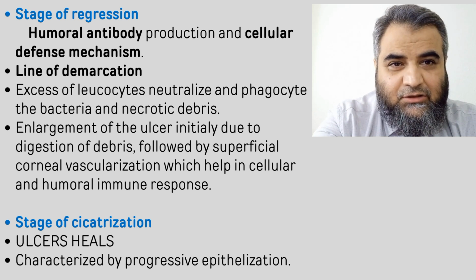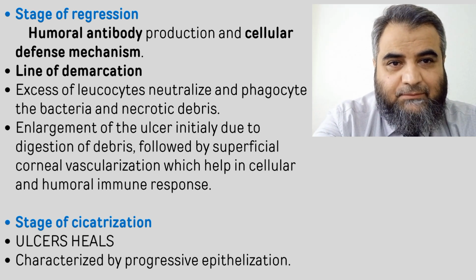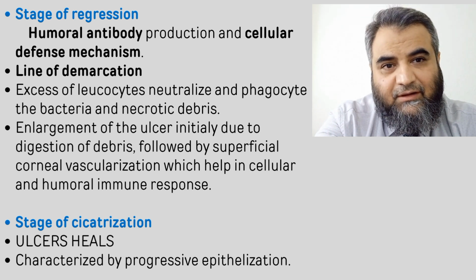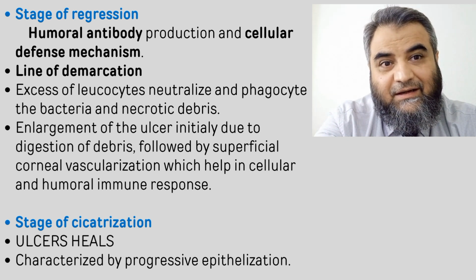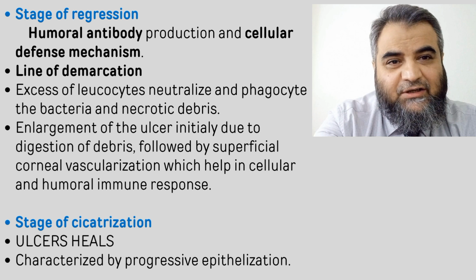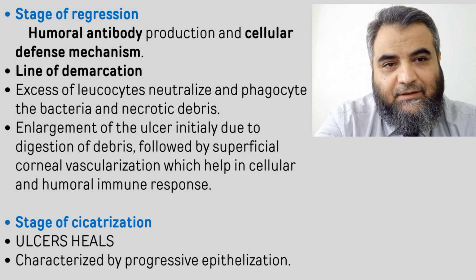Initially the ulcer may grow in size because they also digest the dead debris, but after that it starts healing. So this is basically the third stage of any corneal ulcer.